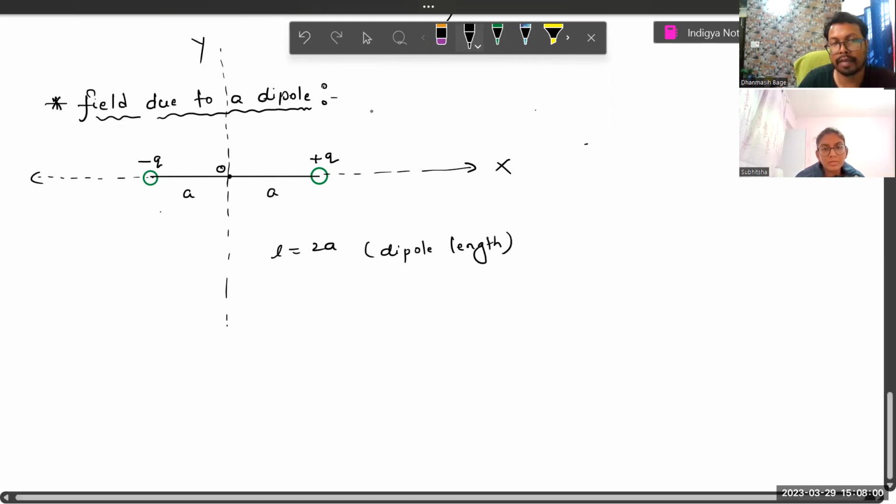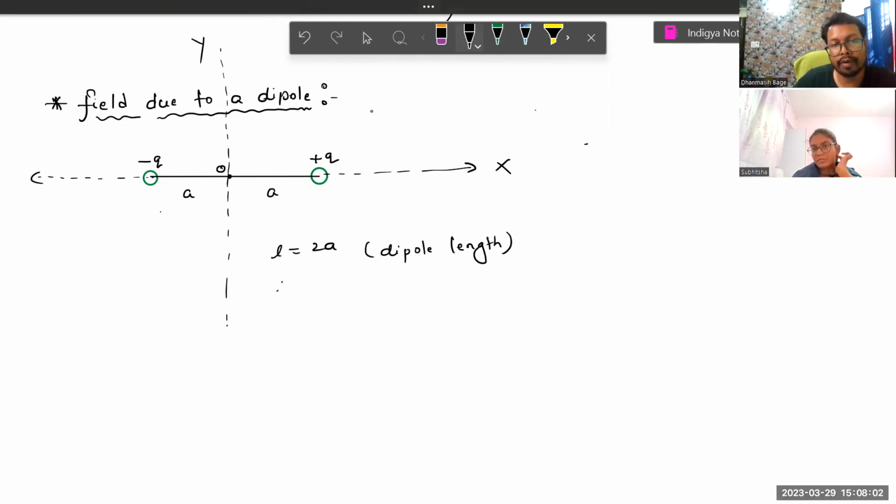So the dipole moment, I'm just using the magnitude only, p is equal to q into L, that is 2qa.